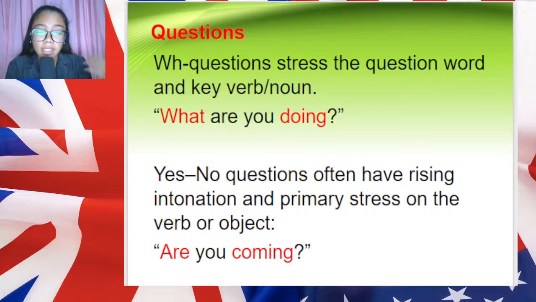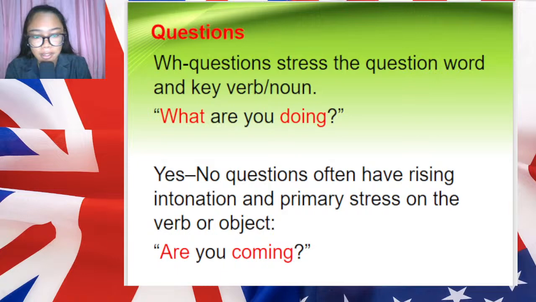So, understanding these various patterns will give you an even more comprehensive picture of how natural English rhythm works and how you can use it to express yourself more clearly and, of course, effectively. So, yeah, get ready to fine tune your ears as we uncover more secrets of English pronunciation.